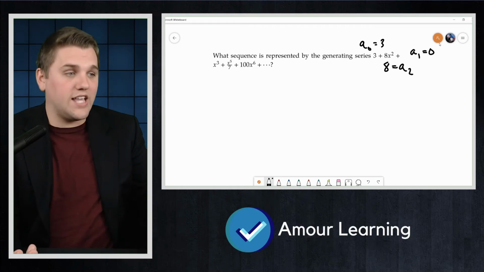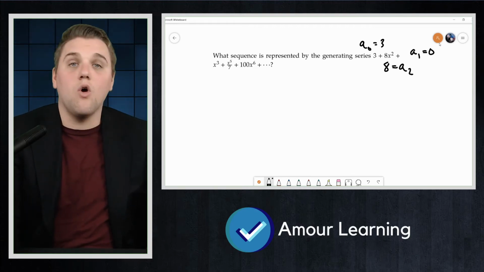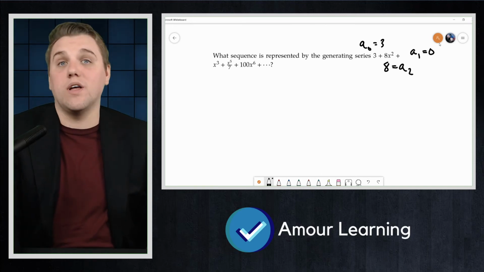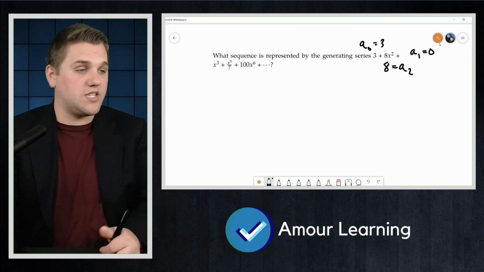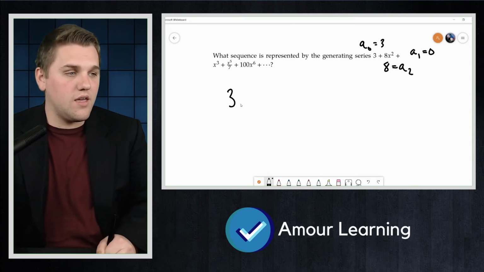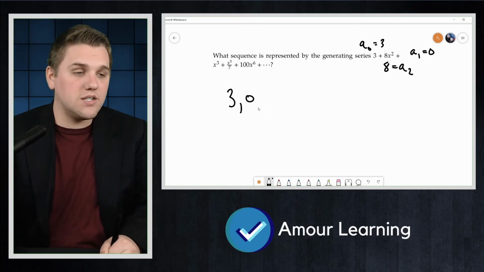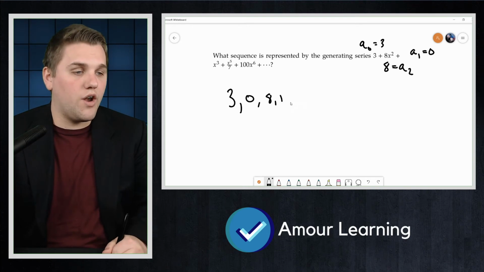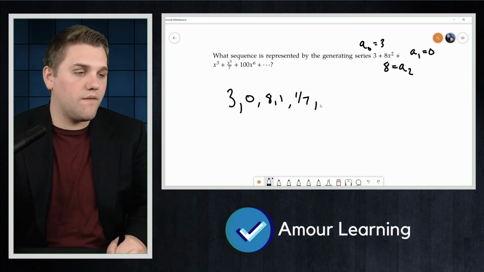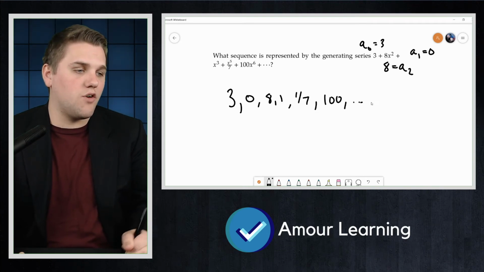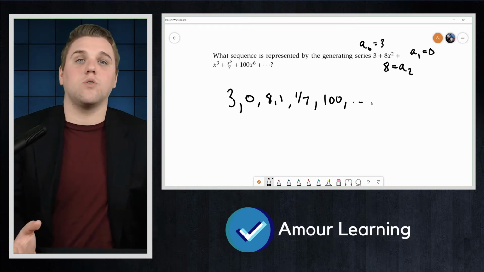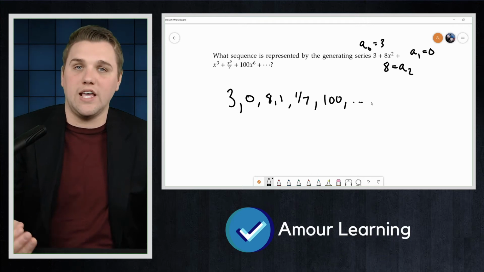Continuing, we have, again, a2 equals 8, a3 would be 1, a4 would be 0, a5 would be 1/7. So we have the sequence, in this case, 3, 0, 8, 1, 1/7, 100, and so forth. Note that when discussing generating functions, we always start our sequence with a0.